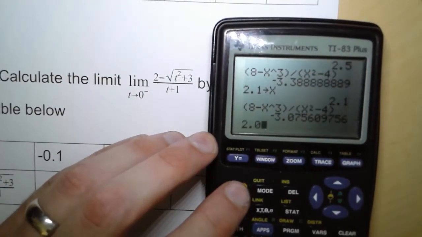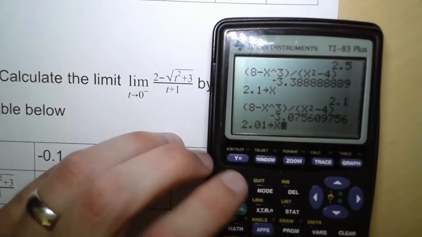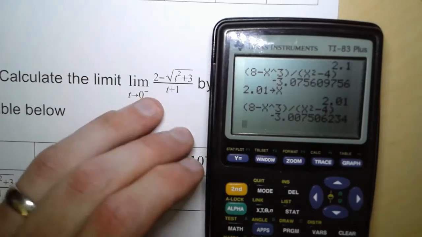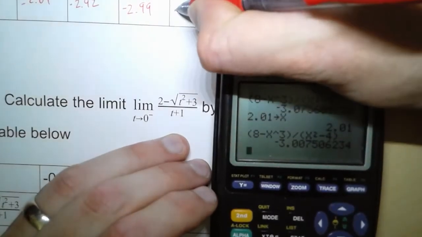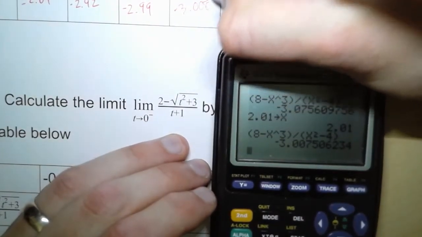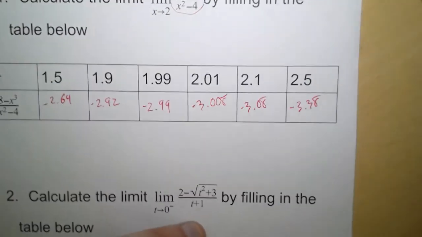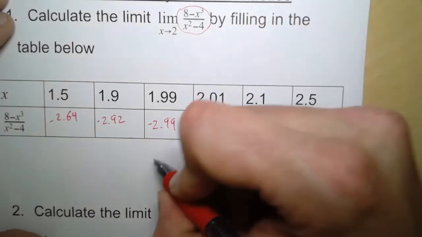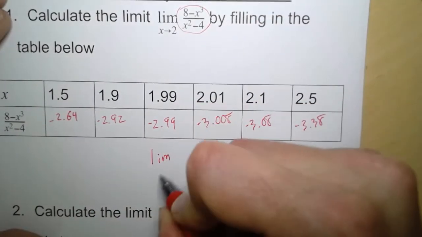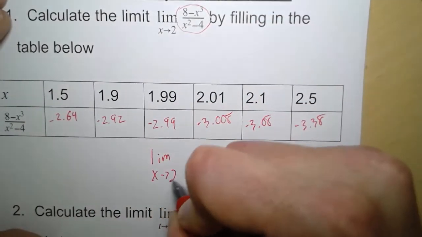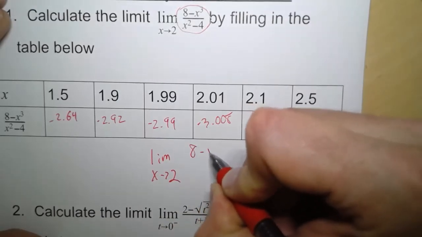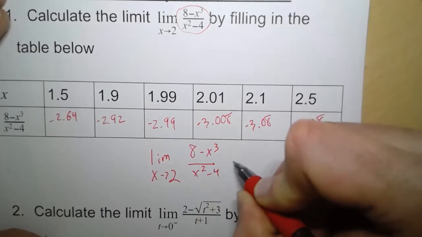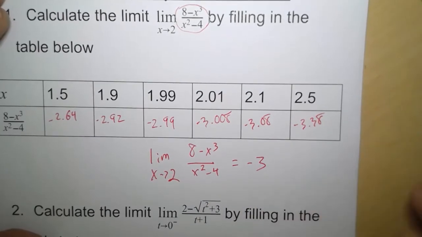Then 2.01, we store that for x, and we recall, and we have negative 3.008. So we are approaching negative 3 from both sides. So for this problem, the limit as x approaches 2 of 8 minus x cubed over x squared minus 4 equals negative 3.